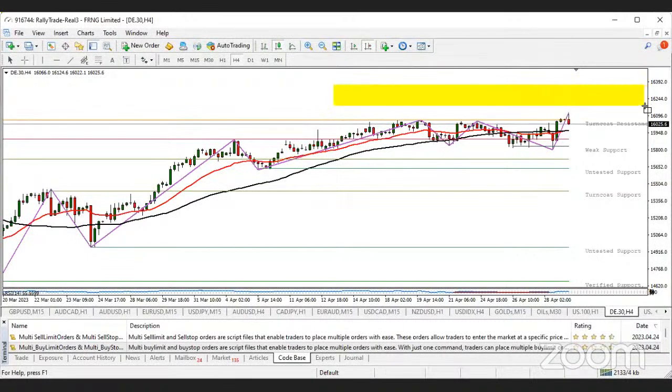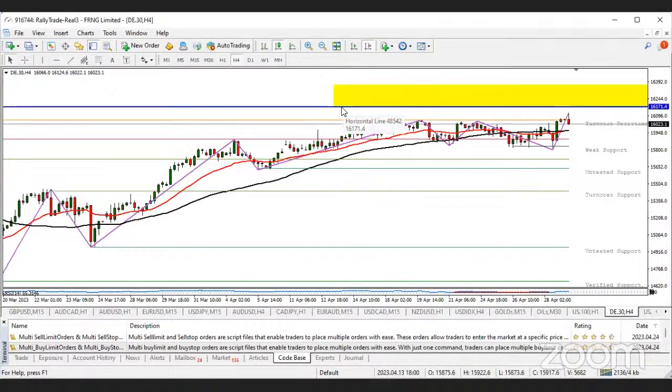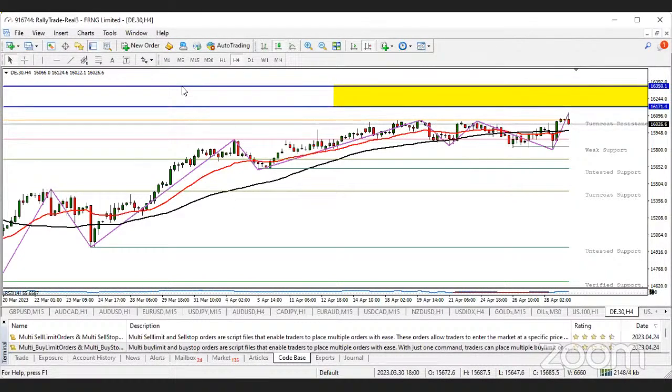Probably you put a buy stop around this particular region, between 16171.4 and 16350.1. I'm looking forward to a buy stop order between this range. You can take your profits anywhere above.